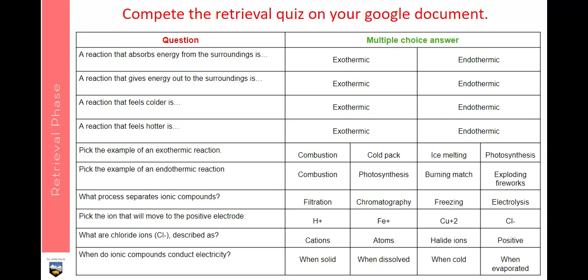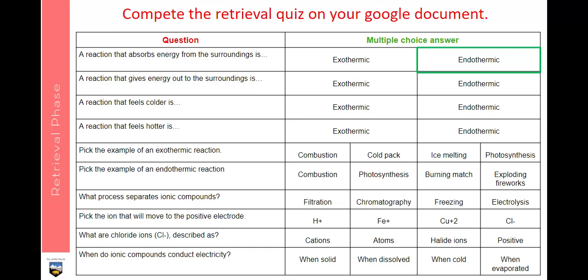Okay, so let's go through the answers. You can mark your retrieval quiz on your Google Documents, change the font colour to green, use a / to tick it, write over it to correct it. So number 1, a reaction that absorbs energy is endothermic.